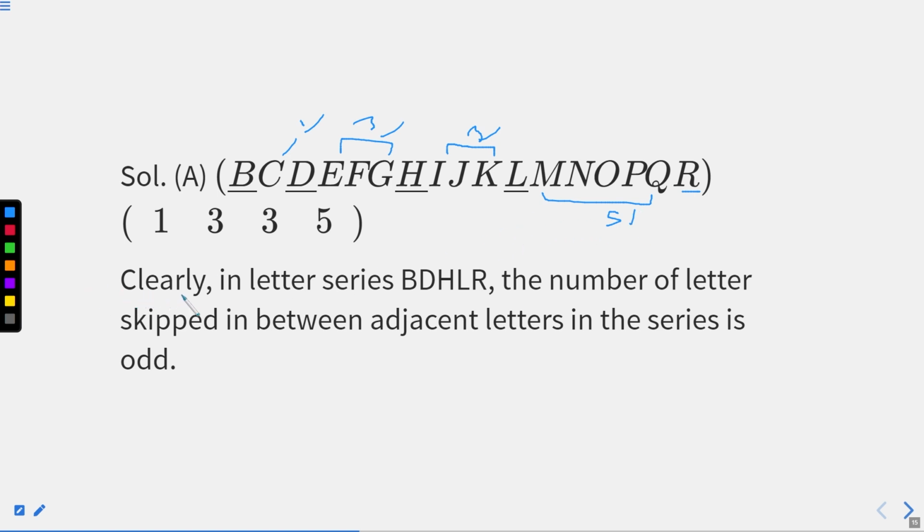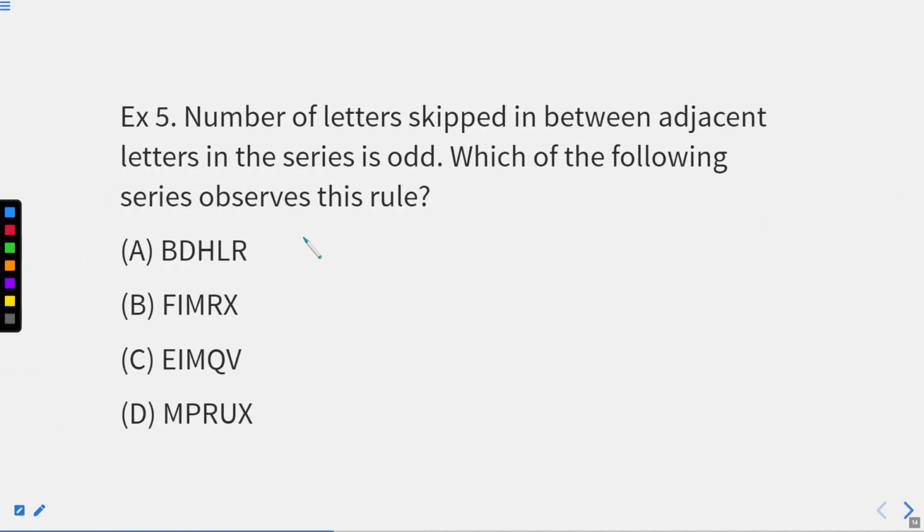So it is clear that in the letter series B, D, H, L, R, the number of letters skipped in between the adjacent letters in the series are odd. 1, 3, 3 and 5 are all odd numbers. Hence, option A is satisfying the condition given in the question. So our answer will be option A. I hope this question is clear.